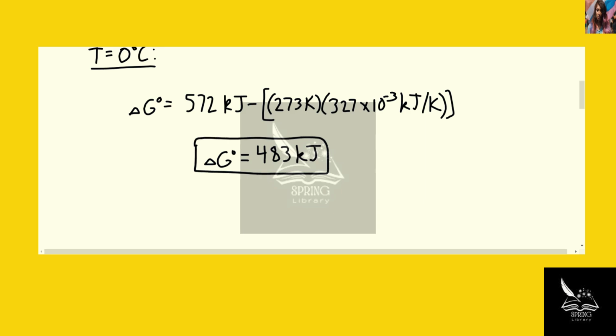And now we know that delta G equals negative NFE, and so the standard cell potential is equal to delta G at standard conditions divided by negative NF. And we saw that was 483 kilojoules. We need to convert this into joules, so we get the cell potential in units of joules per coulomb, or volts. So we multiply by 1,000.